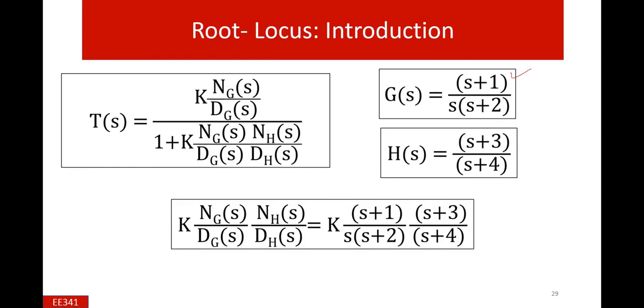If we combine the effect, this is the open loop transfer function of the whole system, and numerically we find two zeros at -1 and -3, and poles at 0, -2 and -4. So this is the open loop transfer function.